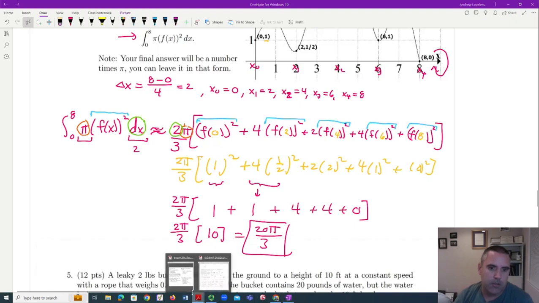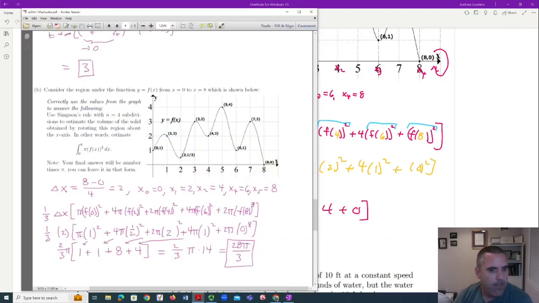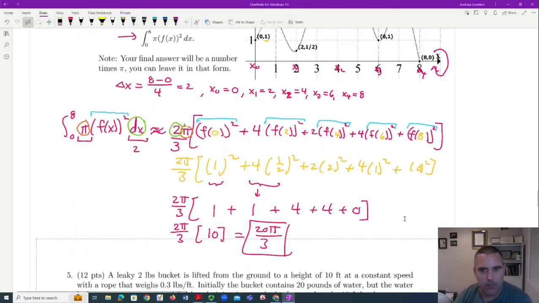I don't see a mistake, so let's go look. 1, a half, 2. Oh, when you plug in a 2, it's 2 squared. So that's not going to be 4, it's going to be 8. I did have a mistake, darn it. It's because I was telling some dumb joke. So this is 14. This is 28. Oh, you hardly even know what happened.